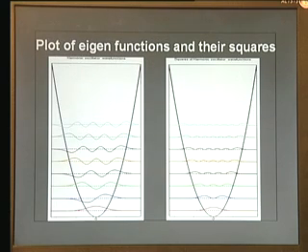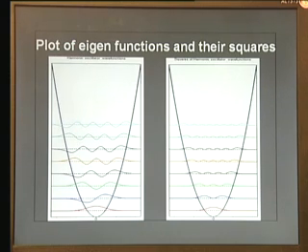Now let us give the graphical representation for these functions for higher n, that is, the wave functions for n equal to 1, 2, 3, etc., or what you call the excited states of the harmonic oscillator. Let us look at the solution for H1.